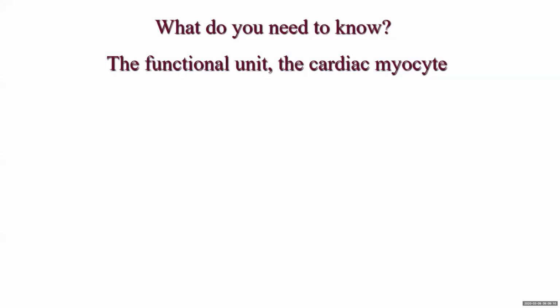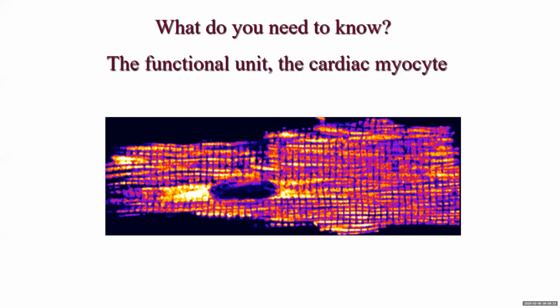So what you need to know: the organ addressed by this talk is the heart, of which the basic functional unit is the cardiomyocyte, an image of which is shown here. The yellow spots correspond to mitochondria, which you can see are arranged in a regular lattice across the cell.